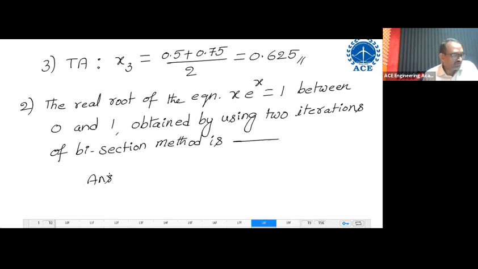Try yourself. You are asked to find the second approximation only. Answer is 0.75, the second approximation.